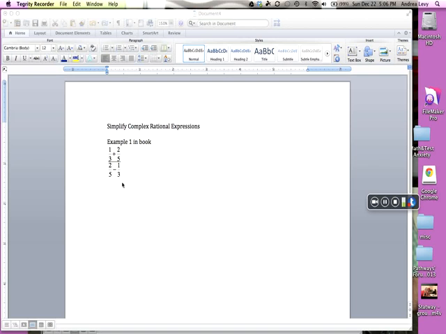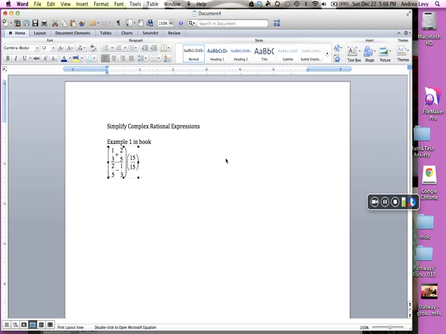They made it easy for us because in the numerator we have a 3 and a 5 as our denominators, and in the denominator we have a 3 and a 5 also. So when I multiply these together I get 15. So I'm going to multiply the numerator and the denominator by 15.